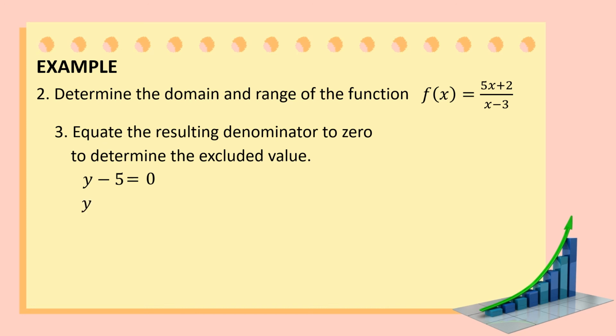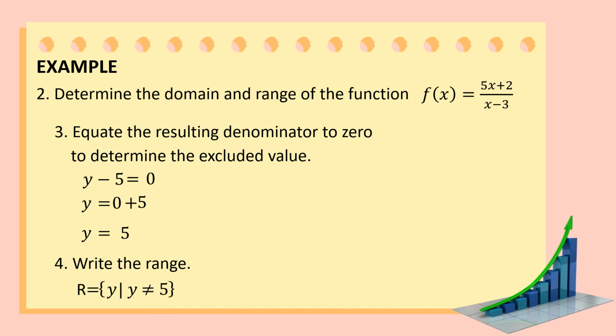So we now have y equals 0 plus 5. So the value of y now is equal to positive 5. For the last step, we will now write the range. And our range is equal to the set of y such that y is not equal to 5.